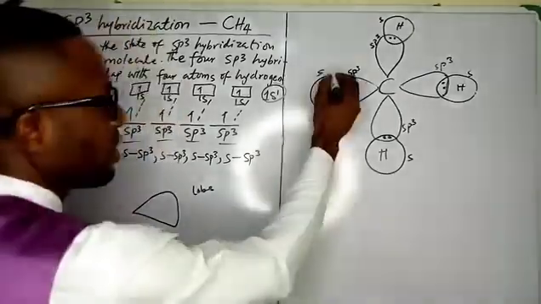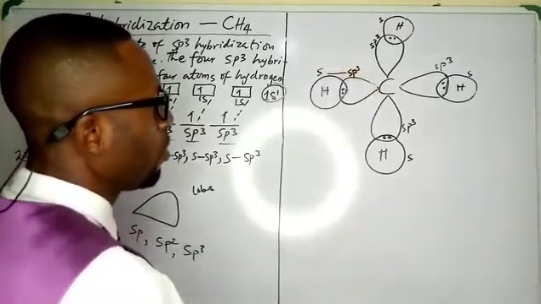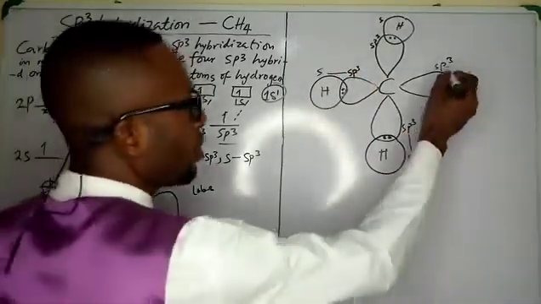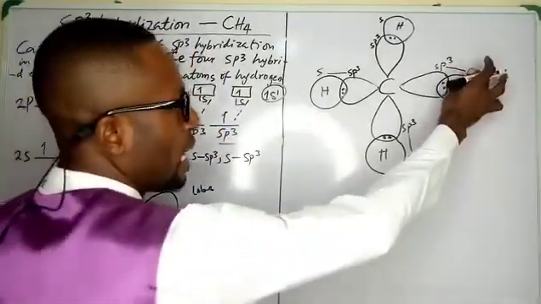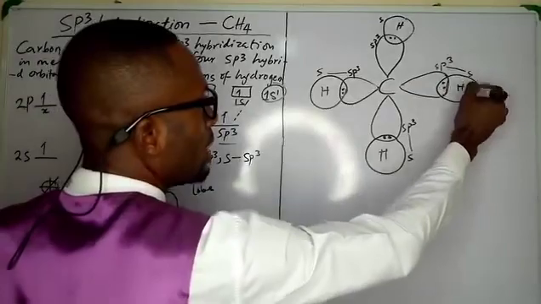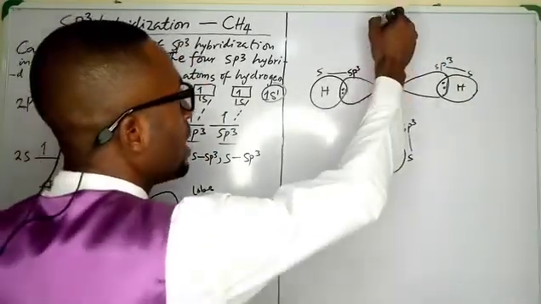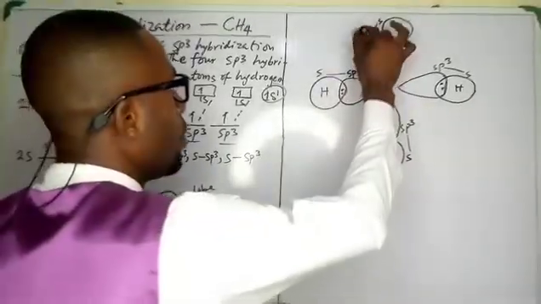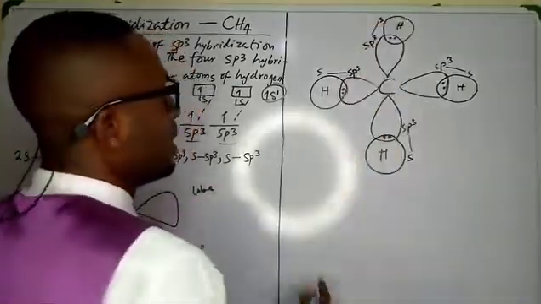If you check it, you see there's a covalent bond between the s orbital and an sp3 orbital. You can see the covalent bond between the s orbital of the hydrogen atom and the sp3 hybrid orbital of the carbon atom. Again, you will see that s to sp3 covalent bond.